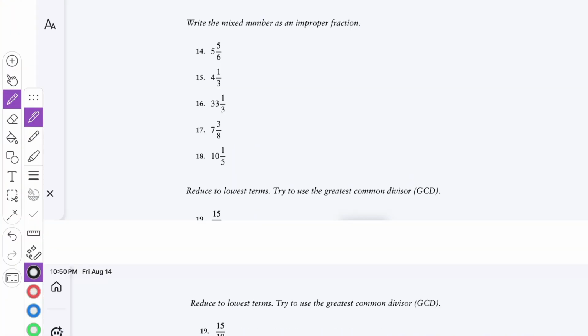Okay, so in this set, we are going to write the mixed number as an improper fraction. So I'll do 14. So what we do is we multiply this denominator to that. So we multiply the denominator to 5, right? We get 30, right? And then we add it to the numerator over 6.